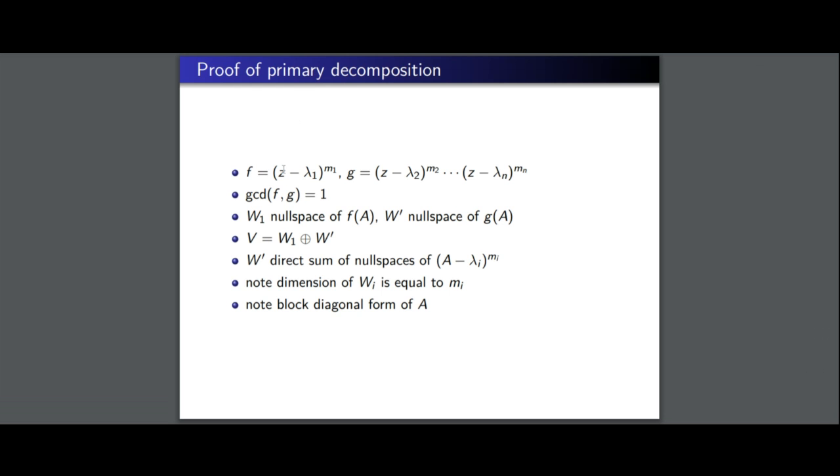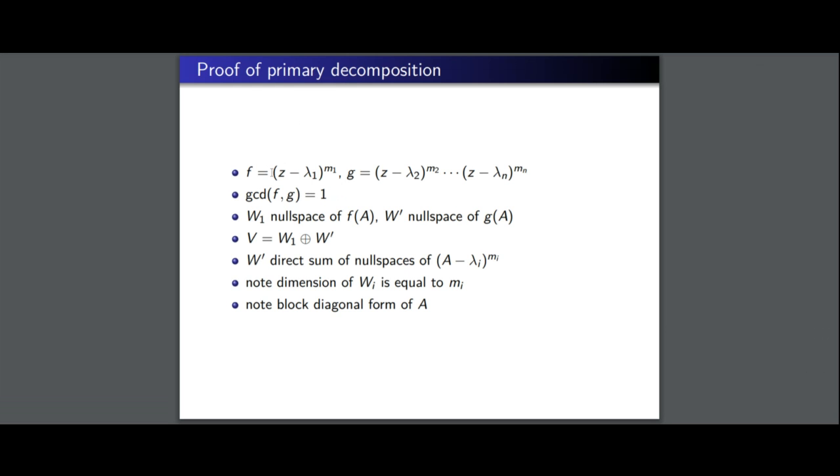So what we're going to do is let F be all the occurrences of z minus lambda 1 in the characteristic polynomial, and G is going to be whatever's left over. Okay, all the rest of the eigenvalues. Then F and G have no common factors. Okay, so their GCD equals 1.